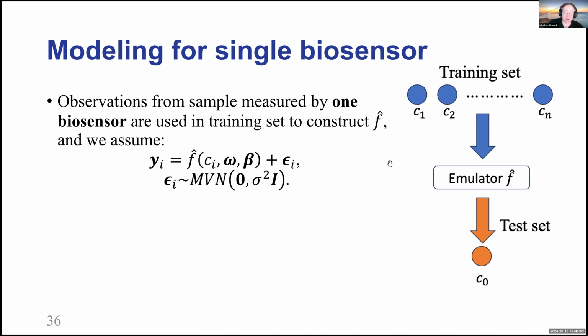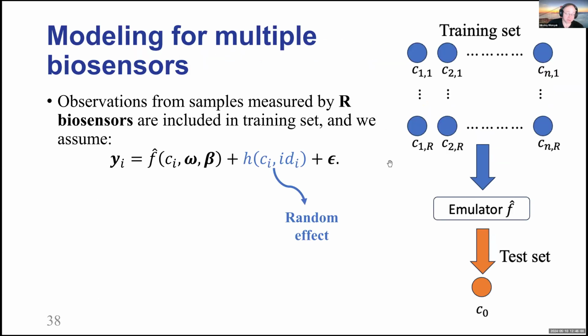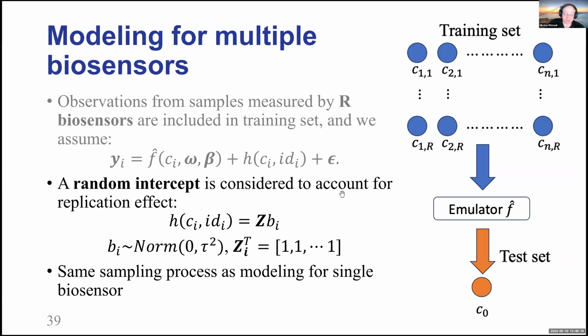So now, how can one generalize this to outputs from multiple bias sensors? Well, one would need to account for the variation incurred by different bias sensors on the same concentration, but this is done with the help of a random effect. I will not go into details, but this is doable, and surprisingly, in this data set, the form of random effect is very simple.